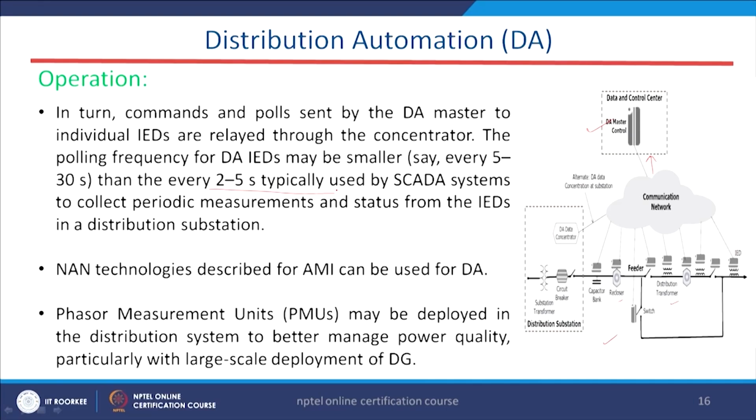And in the future we are also planning PMU technologies. PMU means phasor measurement units, and those devices are very accurate, and in the near future we are also planning to deploy PMUs for collecting the data and to have a very good monitoring and control system.